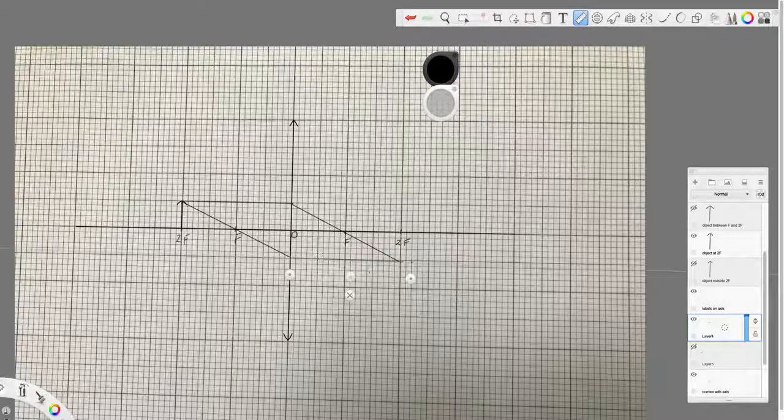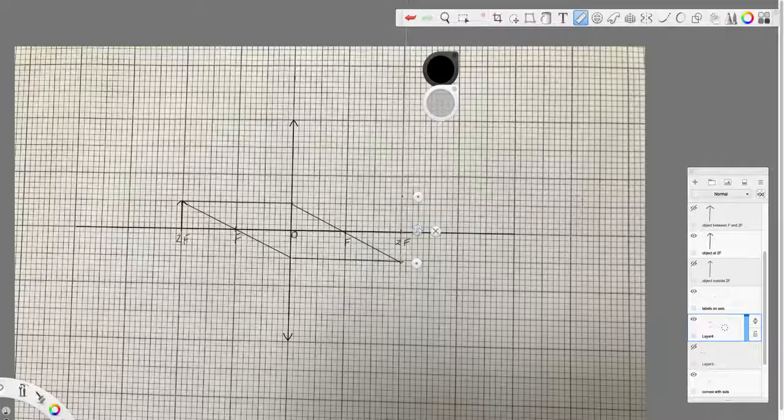And you can see that my image is formed at 2f, just there, just in the right place.